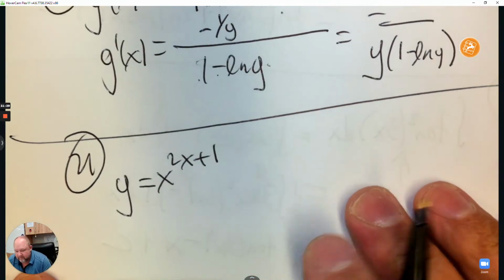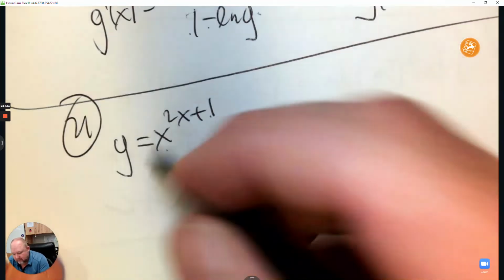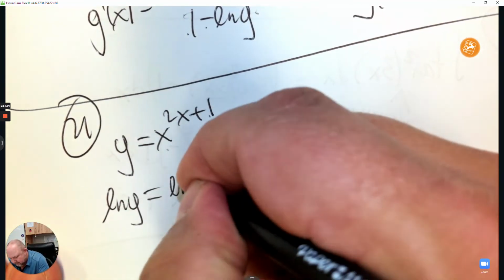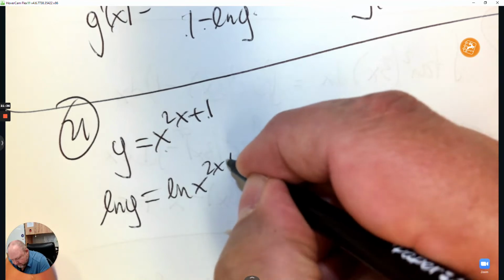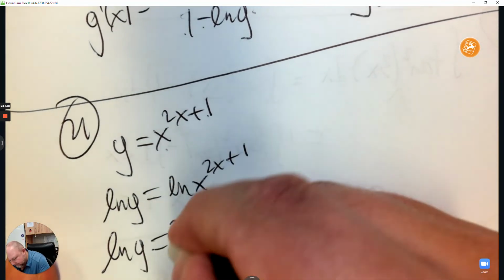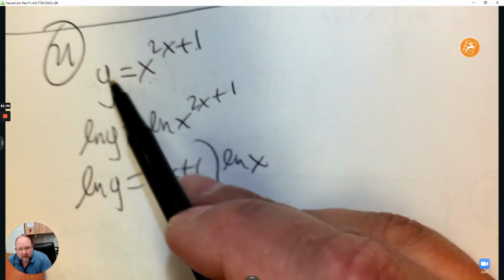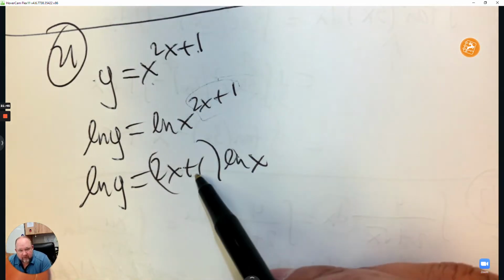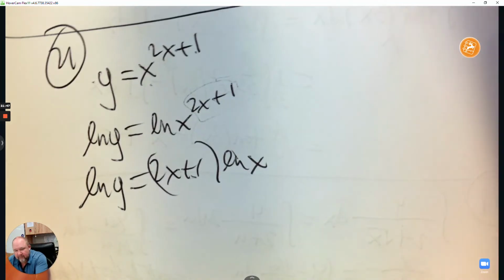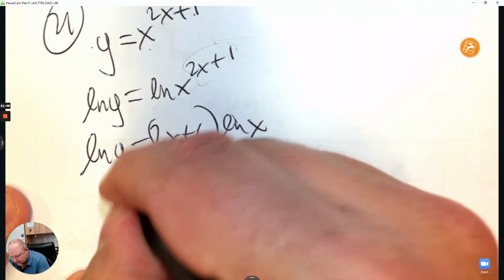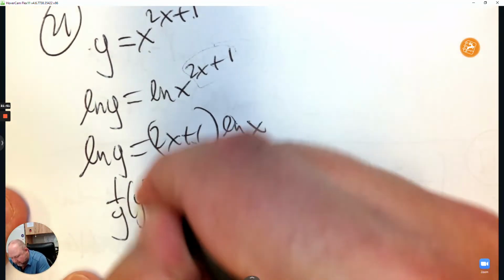21. So when we have a situation of a variable to a variable, we're going to do the natural logarithm to both sides. That means a property I can use here. And now I'm going to take the derivative implicitly. So this is 1 over y, but there's a y prime.